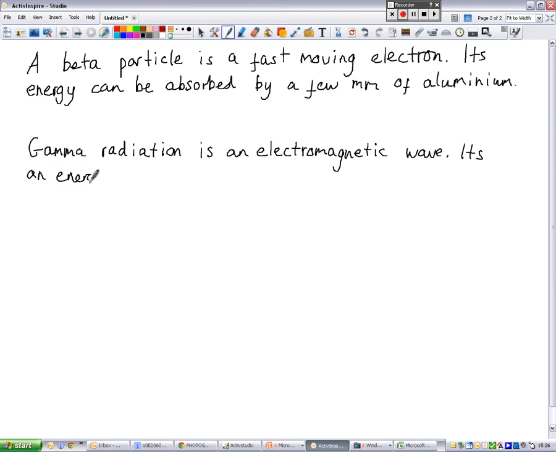Its energy can be absorbed, although probably not completely. Some of it will still get through because it's so high energy, by a few centimeters of lead or concrete.